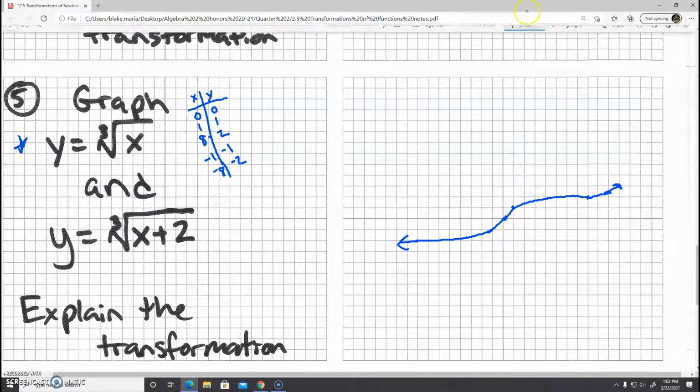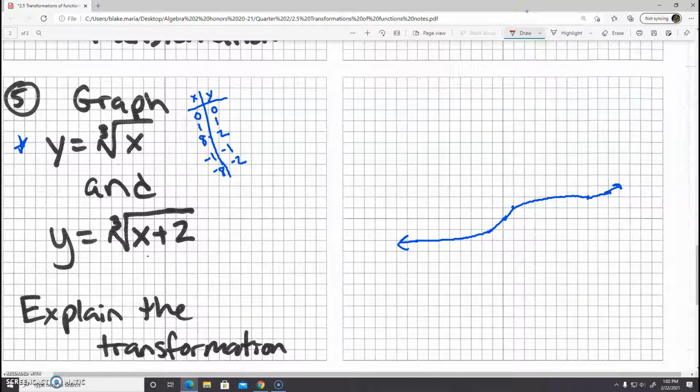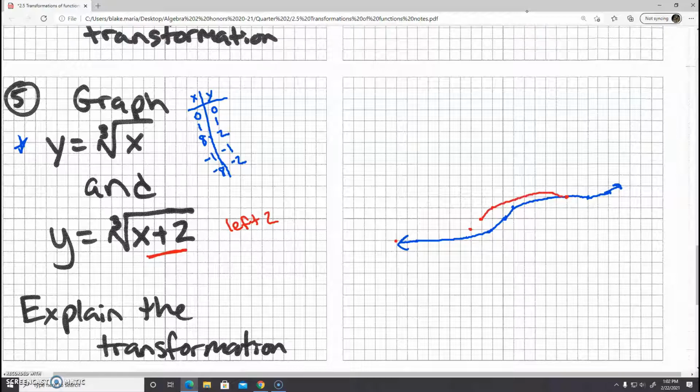And then let's do our transformation. So since it's grouped in with the x, we're going to be moving to the left 2. So take all your points and go left 1, 2, left 1, 2, left 1, 2, left 1, 2, and left 1, 2, and we're going to make our new S, which I am terrible at on this pen.